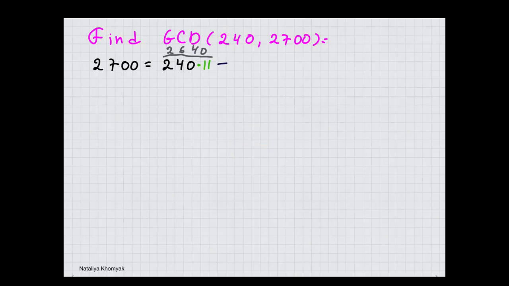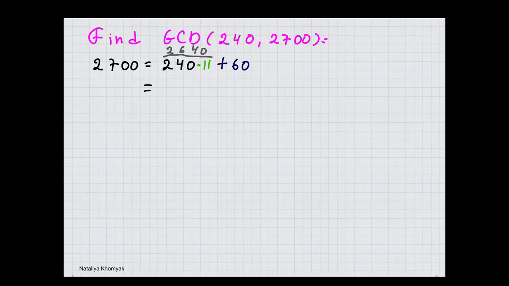You need to add 60 to have the equality. The easiest way to find the remainder is to take 2700 minus 240 times 11, and you will get 60 as a result.